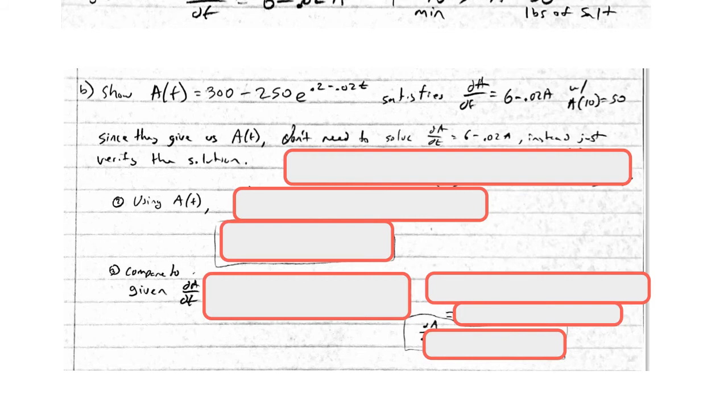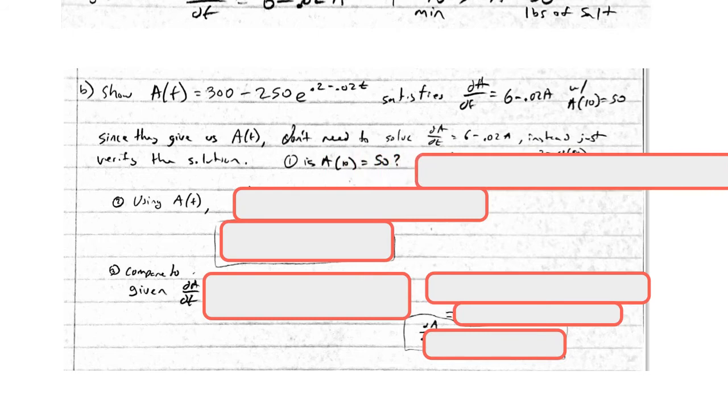But the other piece of that is, when I do that, I get dA/dt equals stuff. And so I have to also know what this dA/dt is. So what I started with is, well, first you also have to show that A of 10 is 50, and it works.